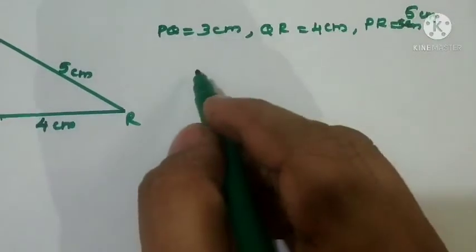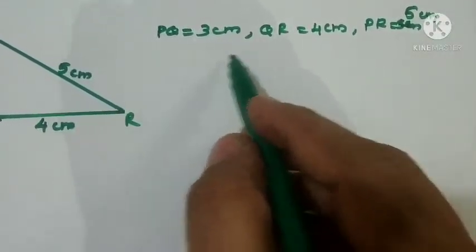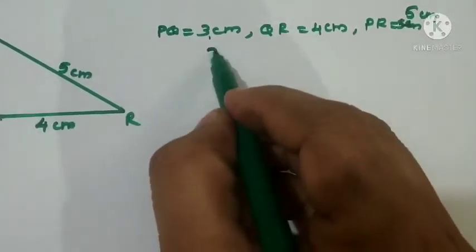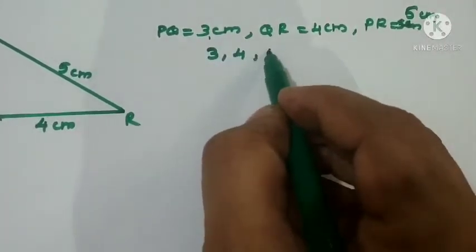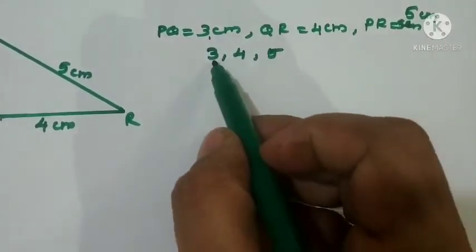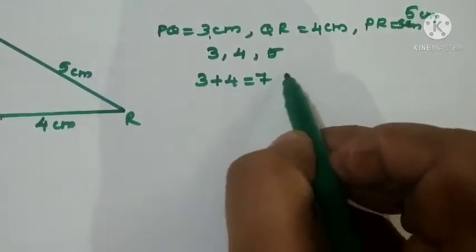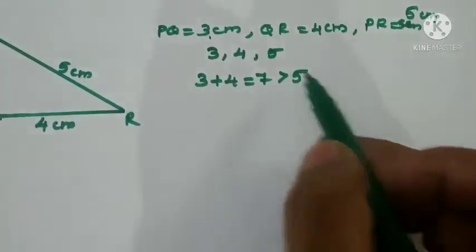Now what is the condition I told? Sum of the length of the two sides must be checked. So 3 and 4 I am taking. So I have used here 3 plus 4. What is the answer? It is 7. It is greater than the third side, that is 5.